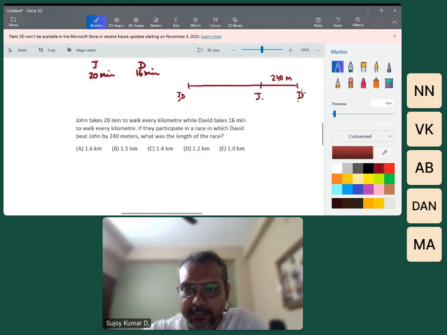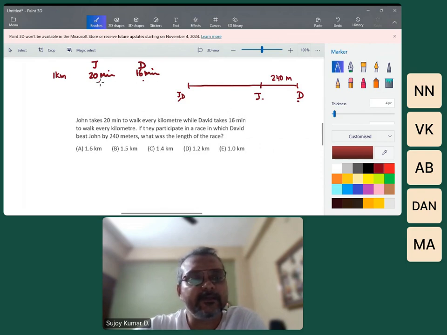When they finish the race, D is here, J is here. Whatever the time is, maybe 1 hour, maybe 10 minutes, maybe 30 minutes, I don't know, but I know for sure that both of them traveled for the same amount of time. D is finishing the race at this point, and J is 240 meters behind. That's how you measure how far behind you are. So, same time.